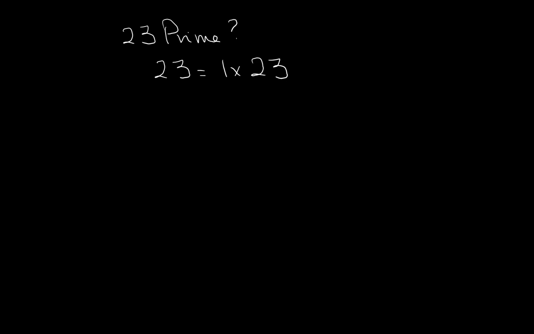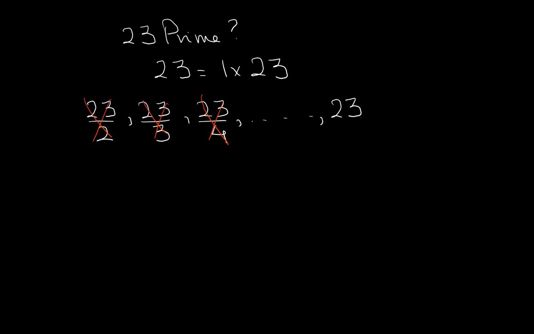We have to look at 23 divided by 2, and 23 divided by 3, and 23 divided by 4, and so on. 23 divided by 2 is not a whole number, 23 divided by 3 is not a whole number, 23 divided by 4 is not a whole number, and this goes all the way up to 23 divided by 22, which is also not a whole number.